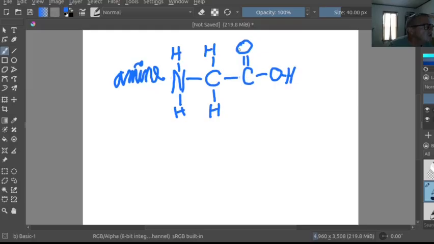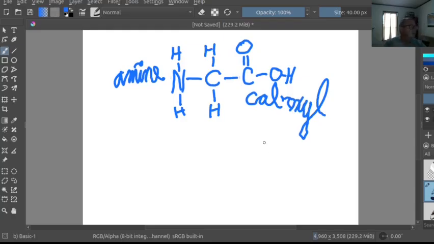So this whole group here, the carbons, the oxygen, and the hydrogen, all those work together, and that can be called a carboxyl group. There's the carboxyl group. And let me clean that up just a little bit. There, see, there's the carboxyl group over here.